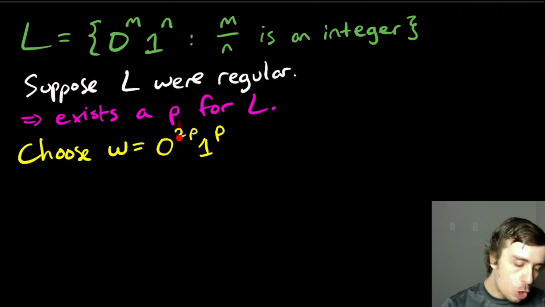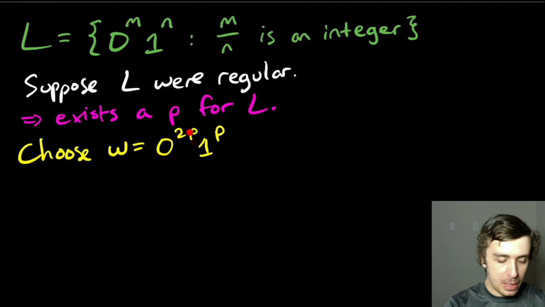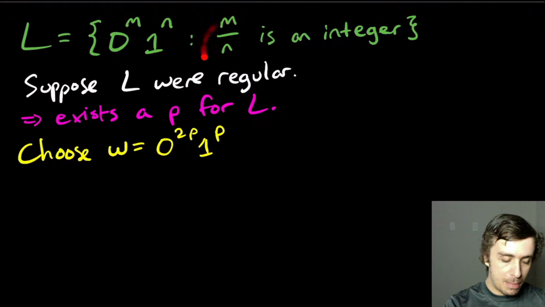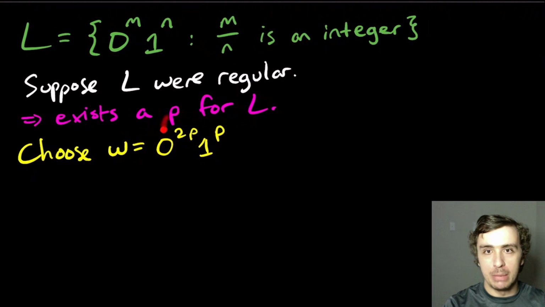So if I increase the number of zeros, it might be that we increase it by P zeros every single time, and that is a valid decomposition of the string according to the rules. So we can have any number times P over here and P over here, and we'll never escape the language, because the ratio is always an integer: 1P over here and some integer times P over here.